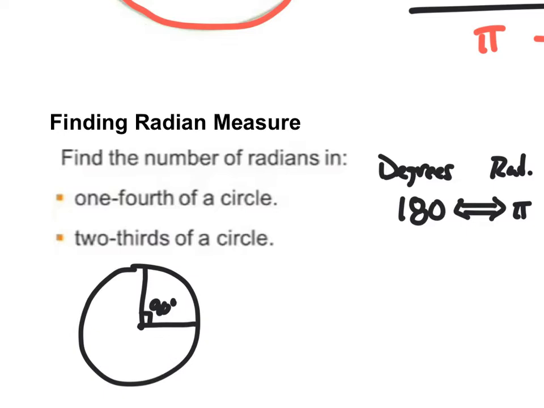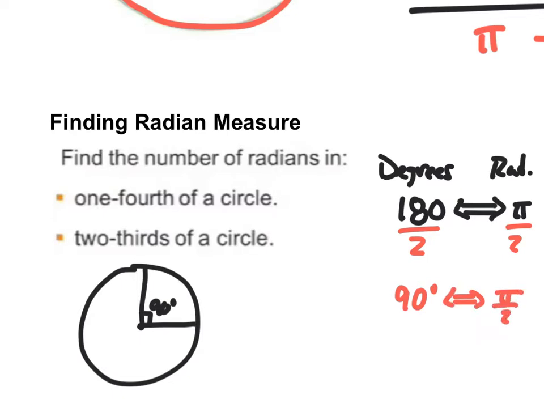It gets harder when we have other measures like this. So I've got 90 degrees. I know that pi radians is 180 degrees. If I take 180 and divide it by 2, and divide pi by 2, that means 90 degrees is the same thing as pi over 2 radians.